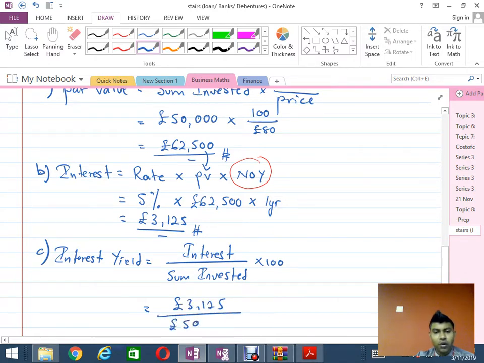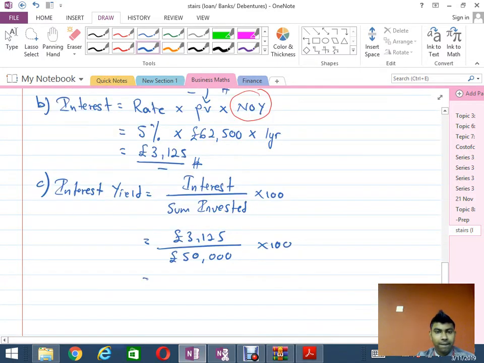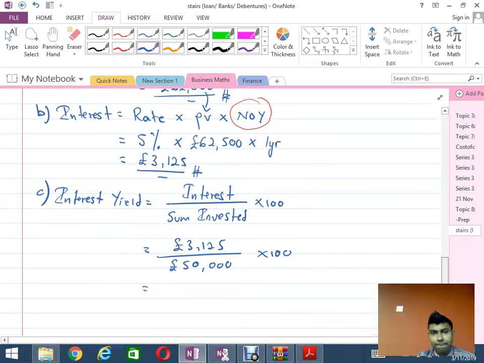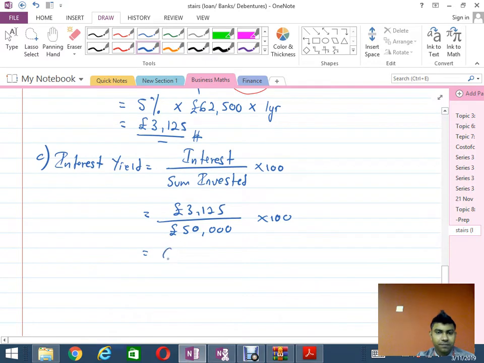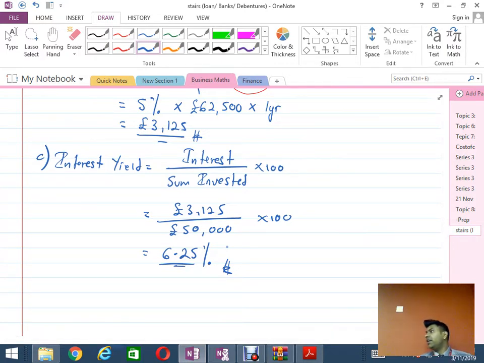Sum invested we already have, 50,000. So how much do you get? 6.25. Check. So stock is a bit easier than calculating the dividend of shares. Quite straightforward.